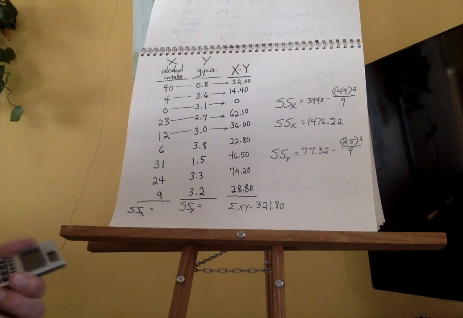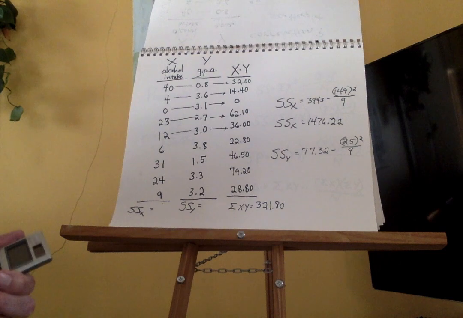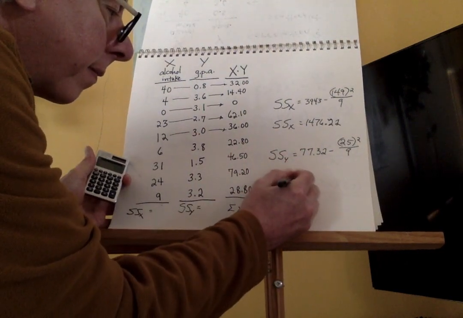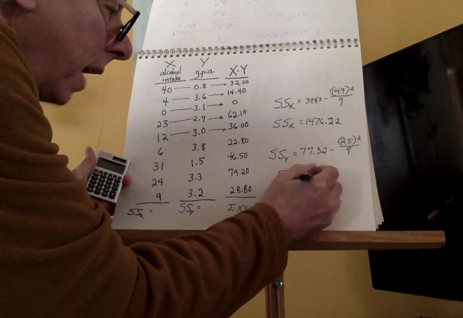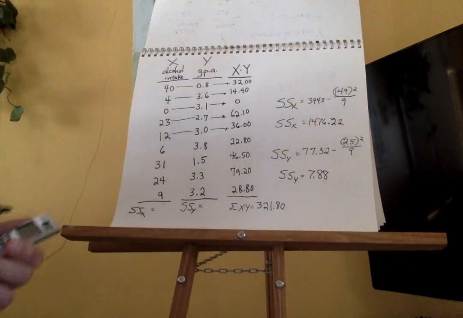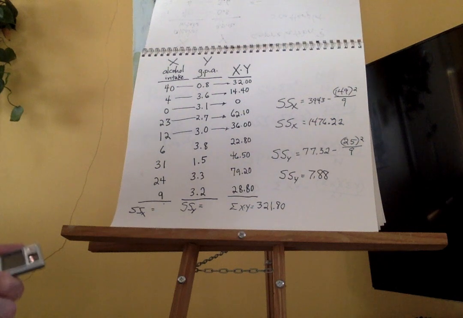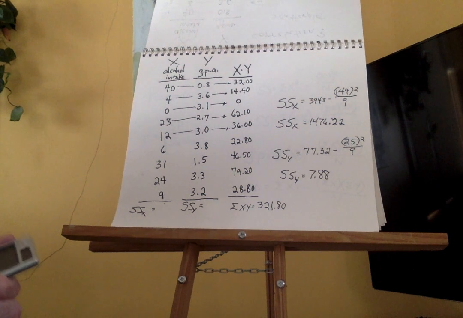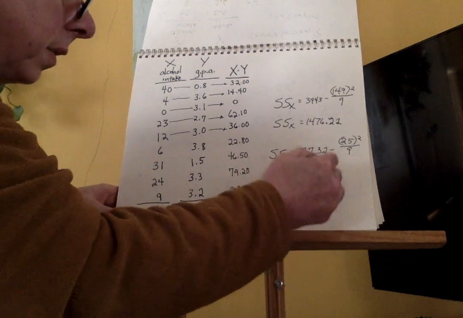So the sum of squares for y is 7.88. Let me just check that. 25 squared divided by 9 is 69.44. So 7.88.